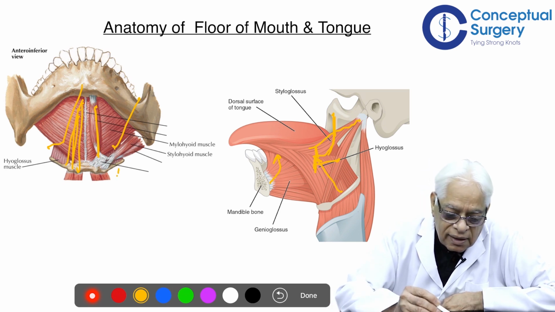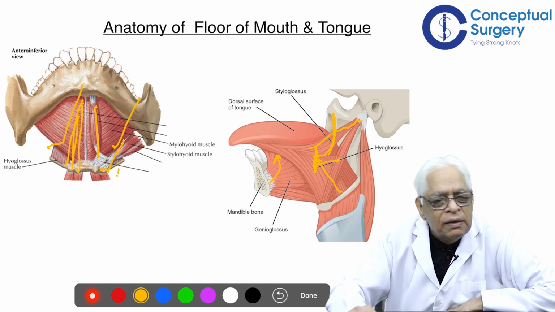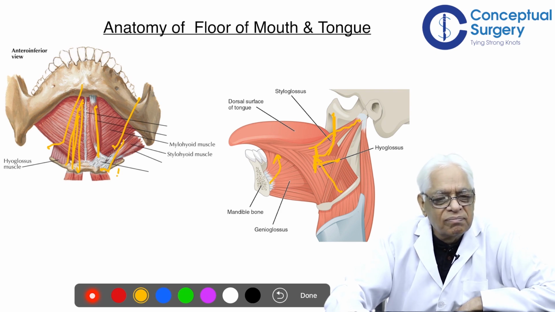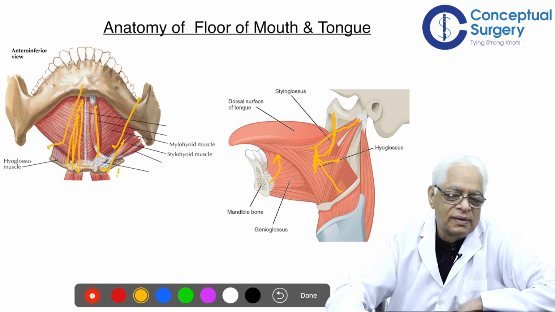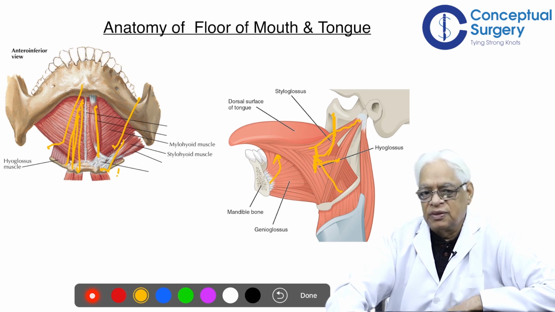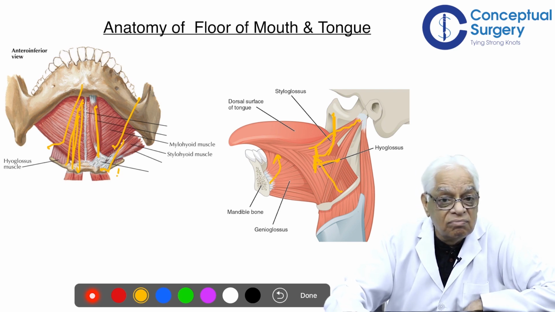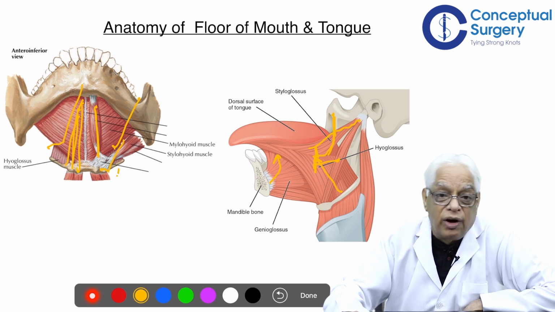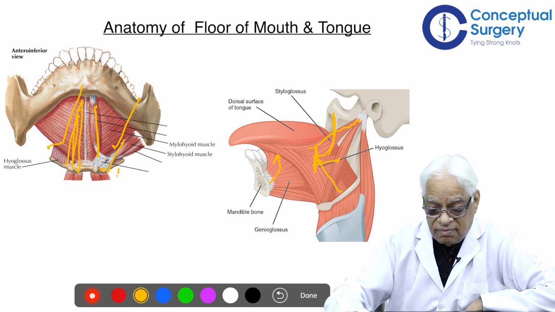And laterally there is a muscle called stylohyoid, which arises from styloid process. Barring stylohyoid, all muscles of the floor of mouth are supplied by the mandibular division of the fifth nerve, be it mylohyoid, be it geniohyoid, be it anterior belly of digastric.